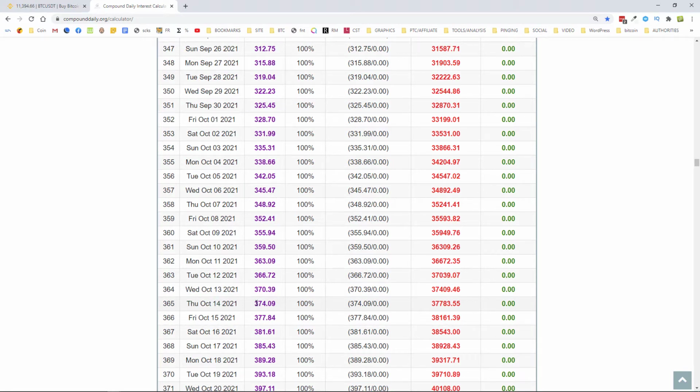We are now making $374 every single day. And we are making that from that initial $1,000 and just making 1% per day on average. And as you can see, our principal amount has grown exponentially.